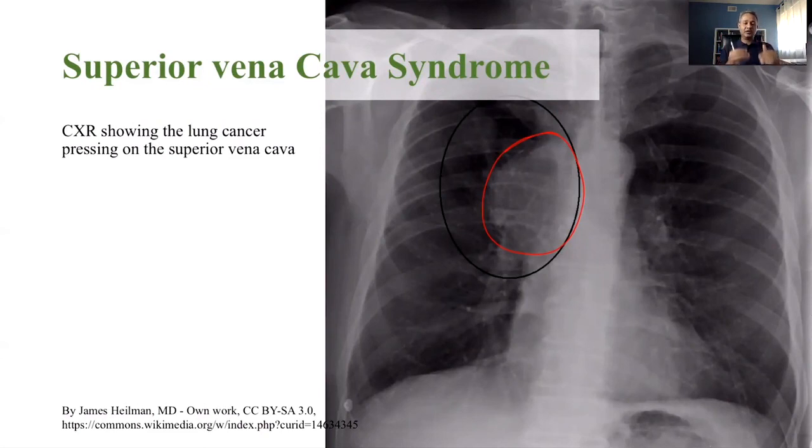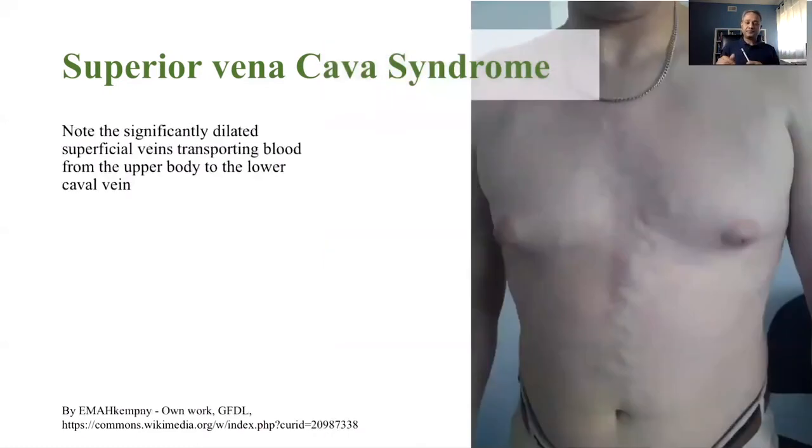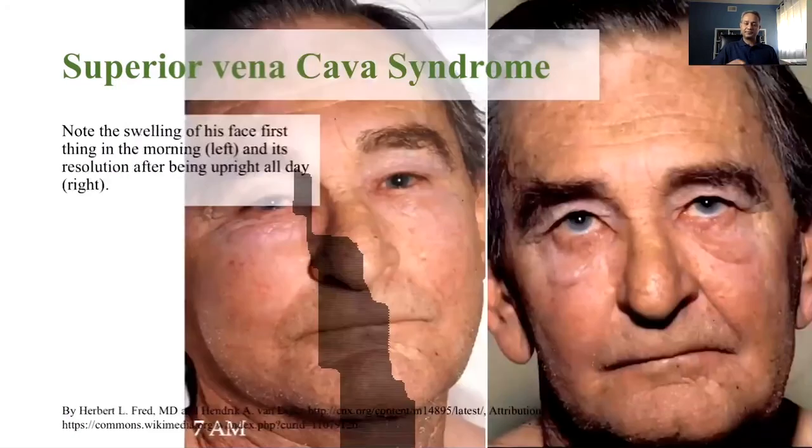Because the blood is now being redirected to the lower areas, and then it will come back through the inferior vena cava. So look at this. This is superior vena cava syndrome. Here on this patient, you can see those engorged and very apparent blue veins, transporting the blood from the upper body to the lower body and then back to the heart.